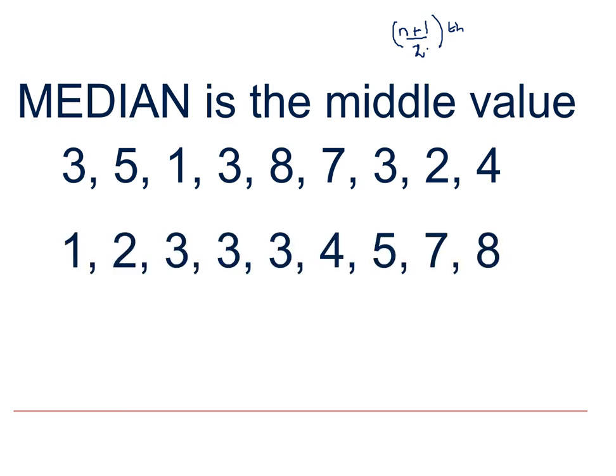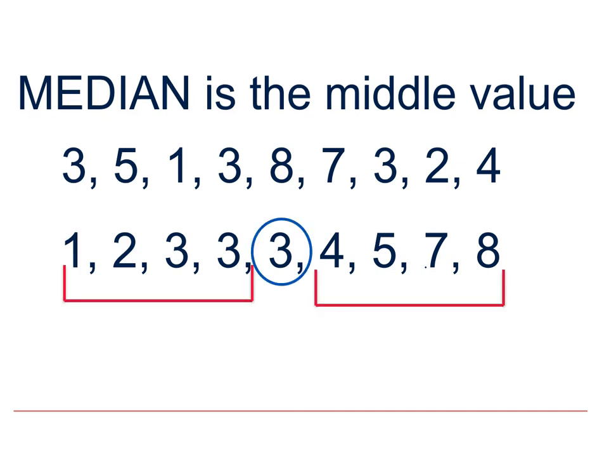First of all, the median is the middle value, and it's the middle value when we're looking at our data put in numerical order. So here we have them in ascending order. We have 9 different values there. So 9 plus 1 divided by 2 would mean that the 5th value, working in order, would give us the median. So the median in this case would be 3.